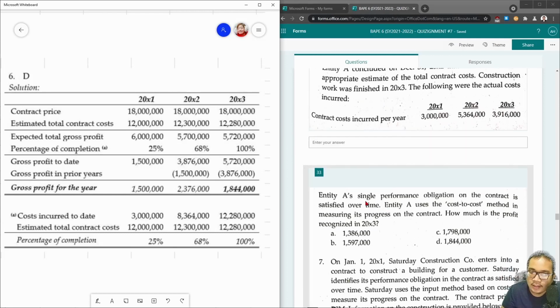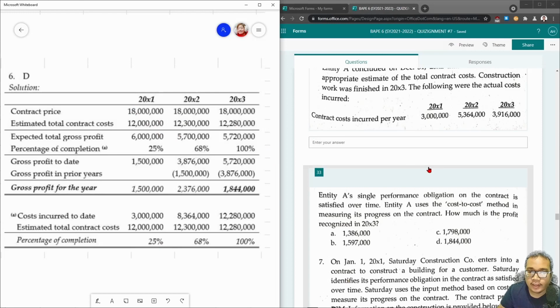Entity A's single performance obligation na contract is satisfied over time. So, yun. Entity A uses the cost-to-cost method in measuring its progress in the contract. How much is the profit recognized in 20X3? So, simple lang naman ang gagawin yan eh. Prospectively lang. Walang masyadong complication. So, input nyo lang sa table. Contract price nyo. Ang tinatanong naman dito is how much is the profit.